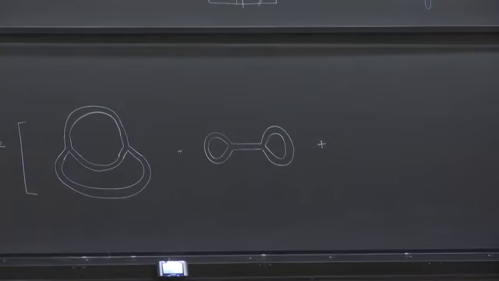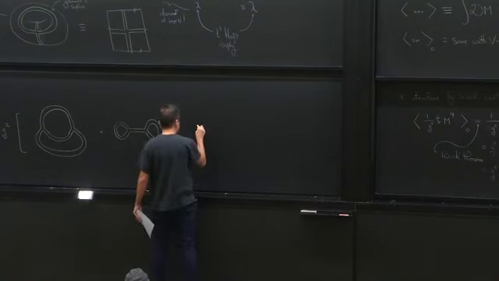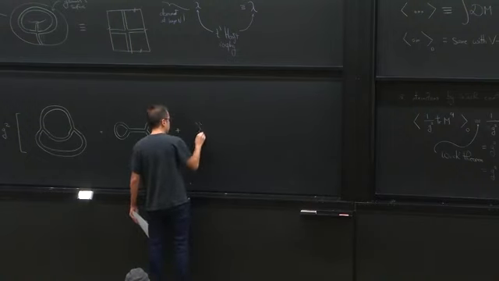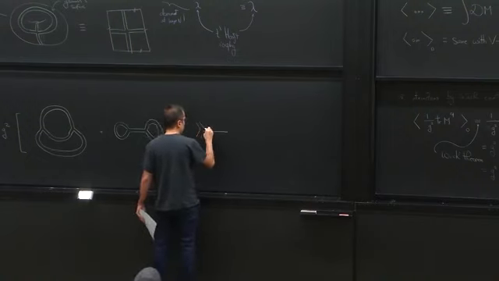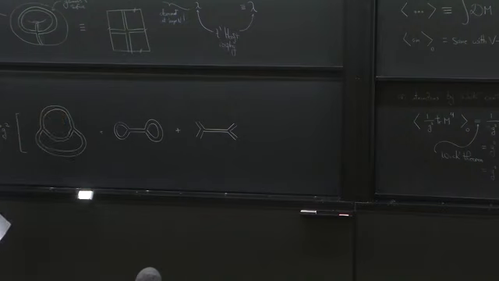Last one. There's one more. Notice that if they self-contract, it's the only option, because as soon as they self-contract, there's only one option. So it means they don't self-contract. So if they don't self-contract, it means that there is one propagator between them. So I can draw the beginning. Now what can I do? Cross it. This one.